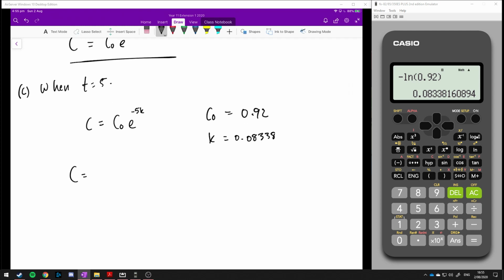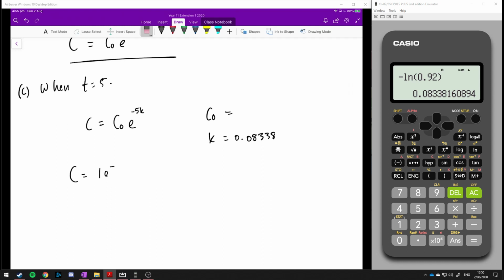So C is equal to 0.92 times e to the, just want to actually double check this because I think it might actually need to be 100%. Yeah, no, not 92. It should be 100 because that's what it's starting at. So 100%, or 1 lot of e to the minus.